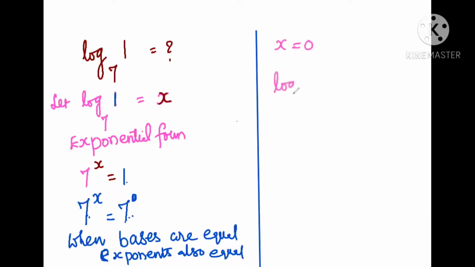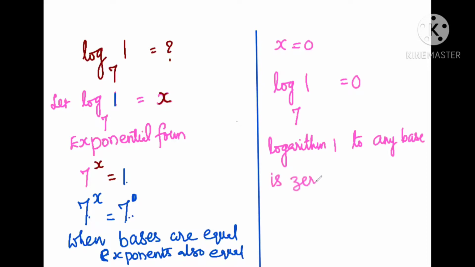Therefore logarithm of 1 to the base 7 is equal to 0. Logarithm of 1 to any base, not only 7, any base, is 0. That's why in the previous video we derived the generalized formula: logarithm of 1 base a is equal to 0.